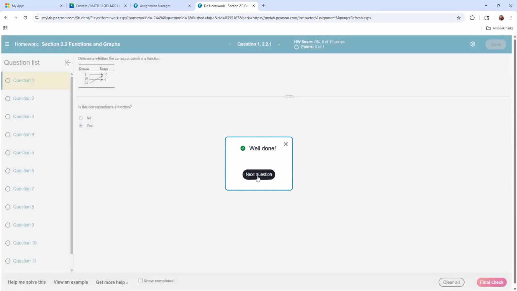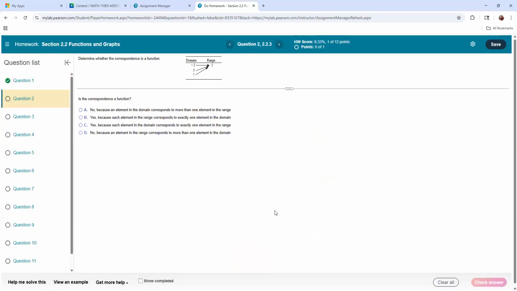All right, y'all, your final check. You hit next question. Is this one a function? Yes, good job. It's still a function. All these x values, they're only pointing to one y value. And remember, we said several x's could share a y value, right? But here's what we got to say.